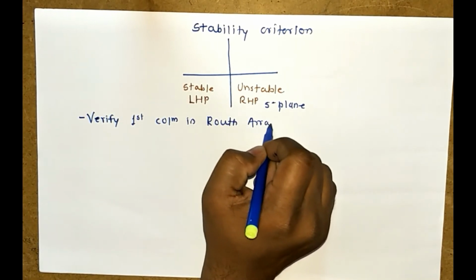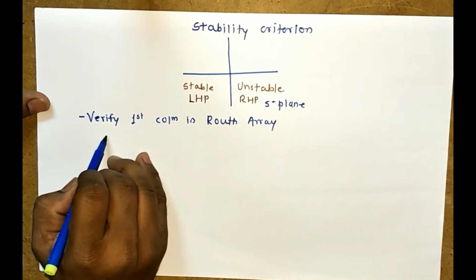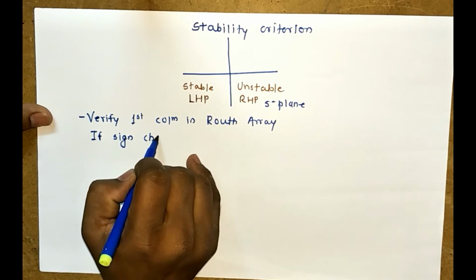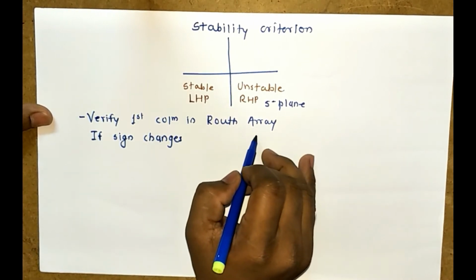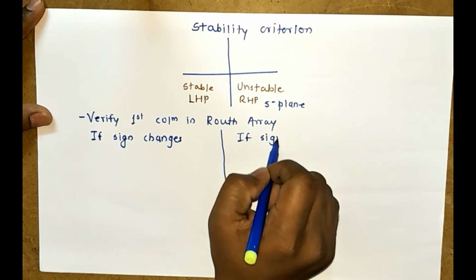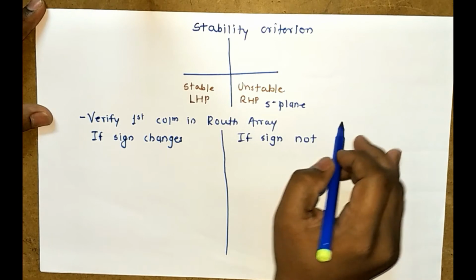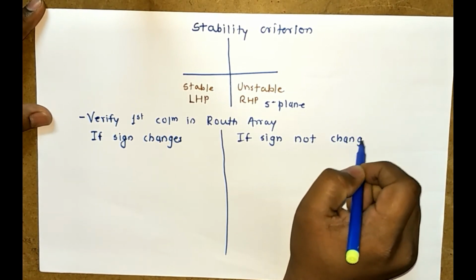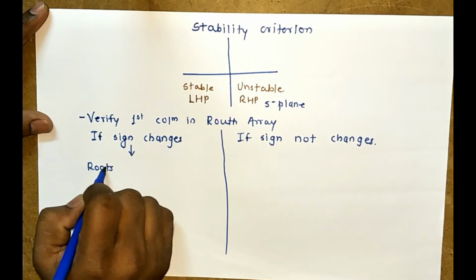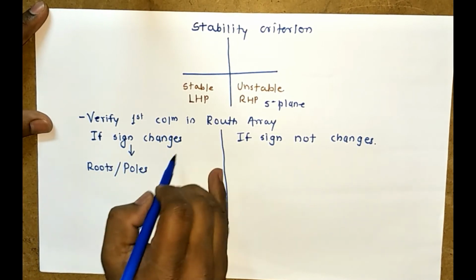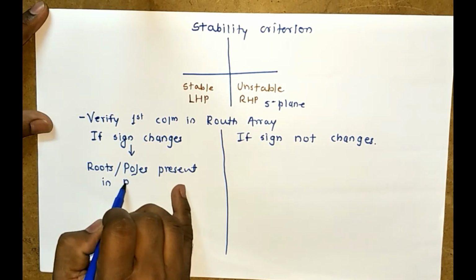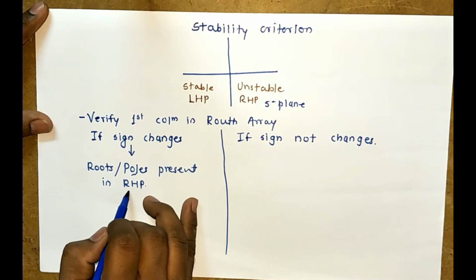If the sign changes when shifting from the first row to the next row, or if the sign does not change. If the sign changes, we can say roots or poles are present in the right hand side plane, so that the system is unstable.